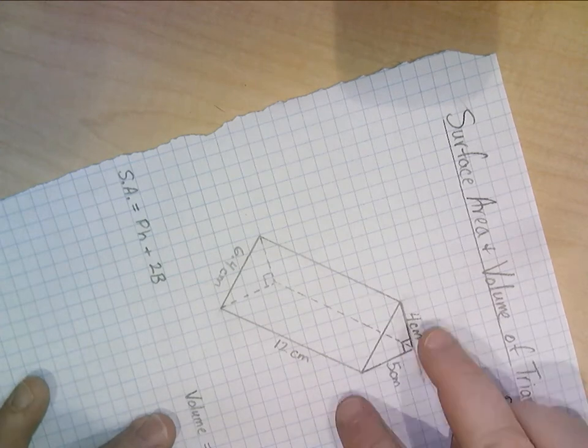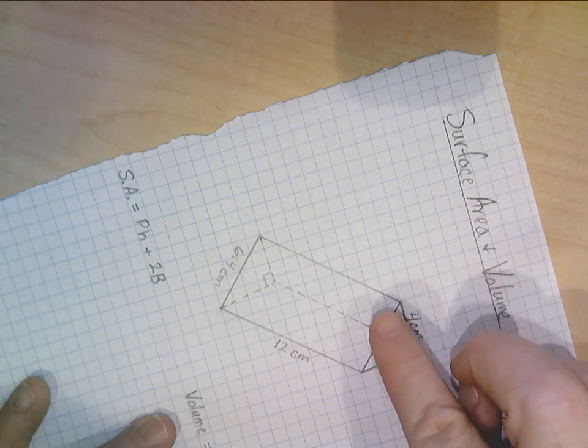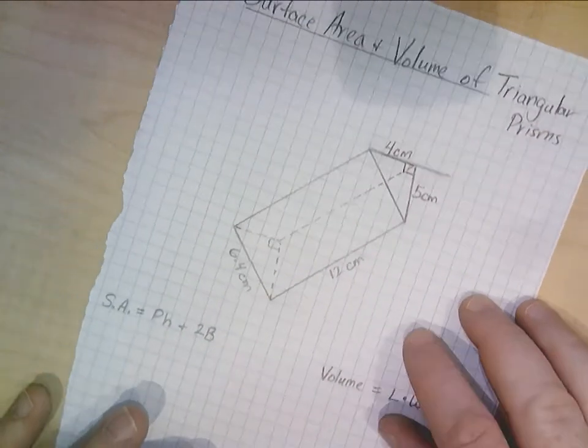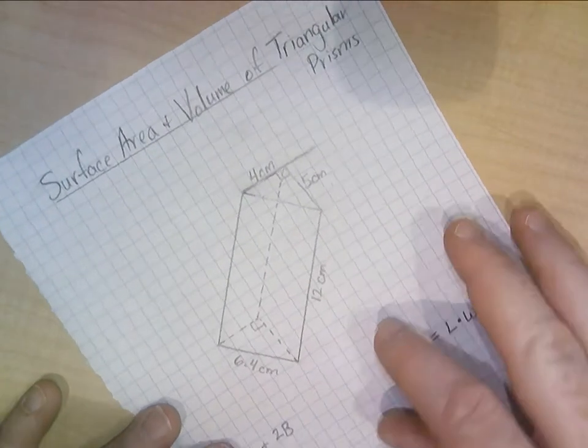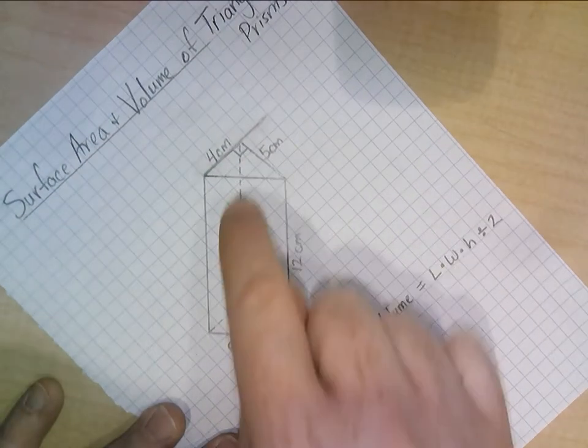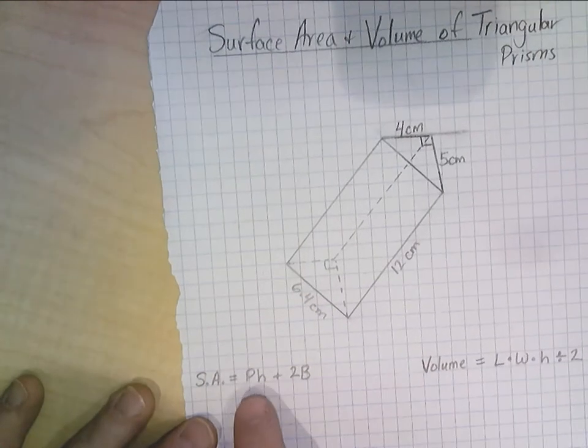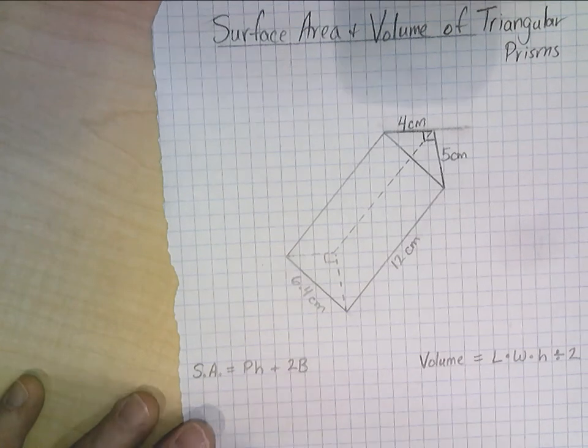It's actually a rectangle and it gets smaller and smaller as it gets to the very top. So it's not consistent. You want to find something that's consistent throughout the shape. Since there's two bases here, that gives you an indication that this is the base that I'm going to be referring to when we're talking about perimeter of base and area of base.